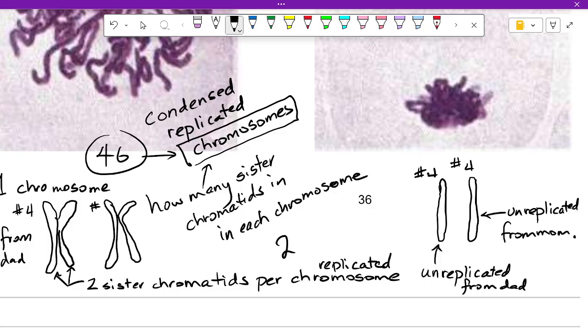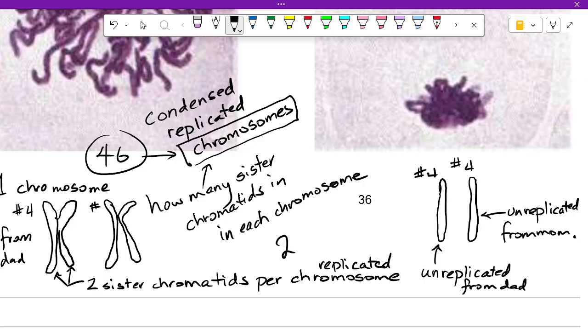Now, to be honest, this is a little bit of a lie because you'll never end up with a condensed, unreplicated chromosome. Replication happens when it is uncondensed because it can't be all coiled up and be making a copy. It's too compact. It needs to be able to open up to make a copy.